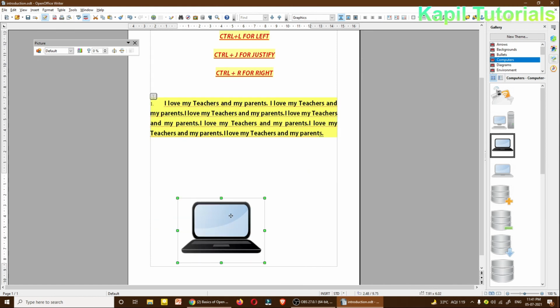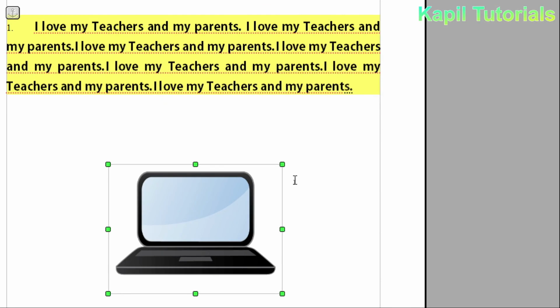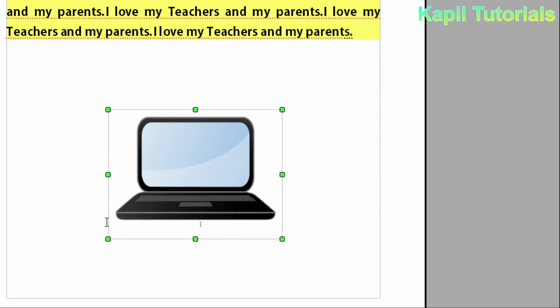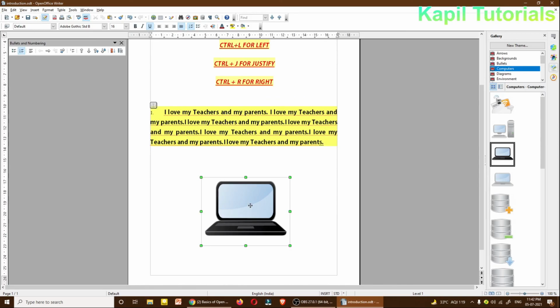I can make it bigger or smaller. You could see here green boxes. When I take my mouse cursor on the top of this, it converts into a double-sided arrow and I can increase or decrease. So I hope this is clear to you.